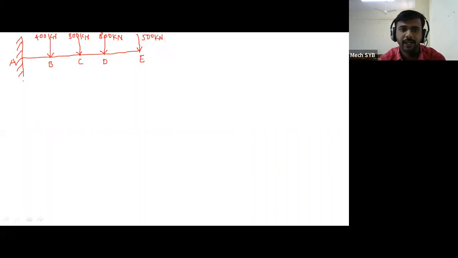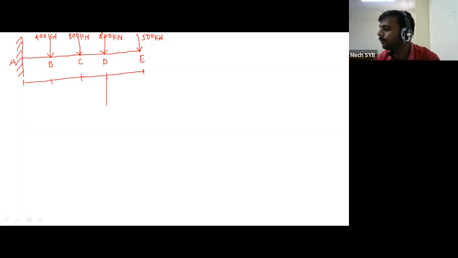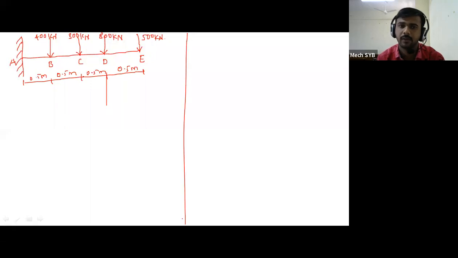Okay, so this is the loading diagram. Below that, the distances are also given. So the first one 0.5 meter, then second also 0.5, then 0.5 meter and 0.5 meter. So this is the loading diagram.